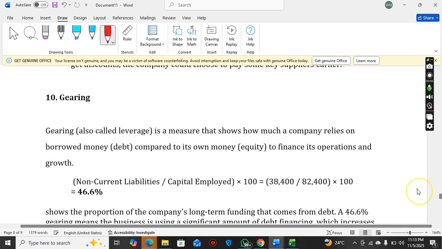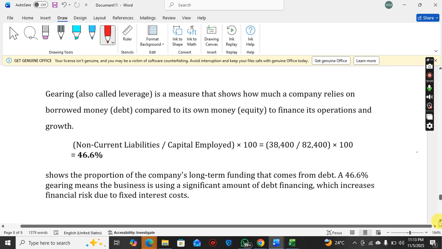As a company, it's better to use your own money than debt. You can use debt, yes, but it's better to use your own money. That can attract investors. A company that's taking on a lot of debt involves risks.